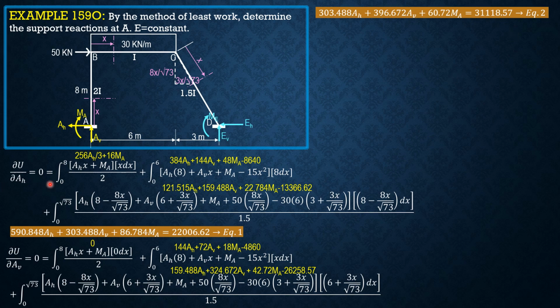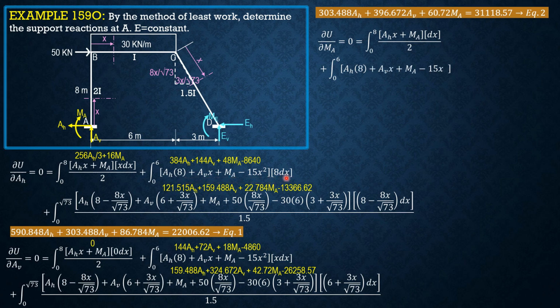Then lastly, the partial derivative of U with respect to the last redundant force, which is MA, equals 0, equals integral 0 to 8 of AH x plus MA, and we replace this by dx only, then over 2, plus integral 0 to 6 of quantity AH times 8 plus AV x plus MA minus 15x squared.